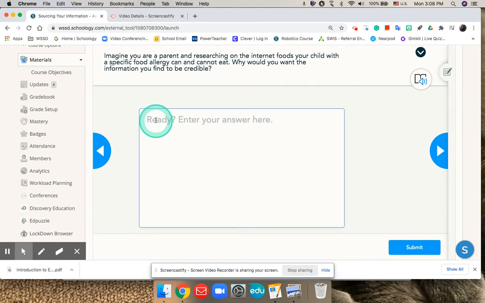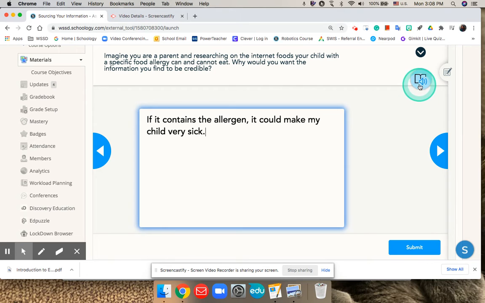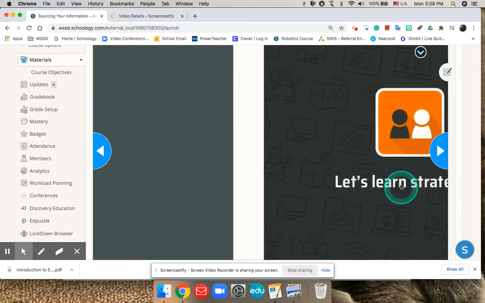Why would you want the information you find to be credible? And you're just going to type your answer in here. If it contains the allergen, it could make my child very sick. You can put in whatever you want for that.